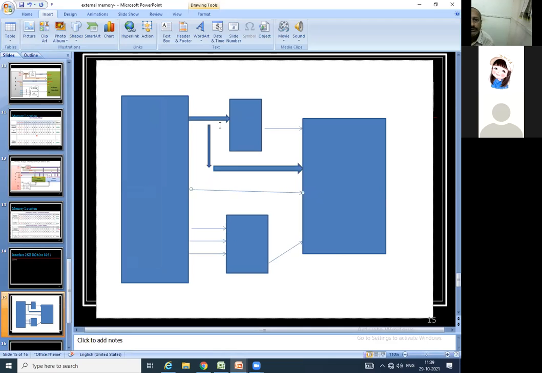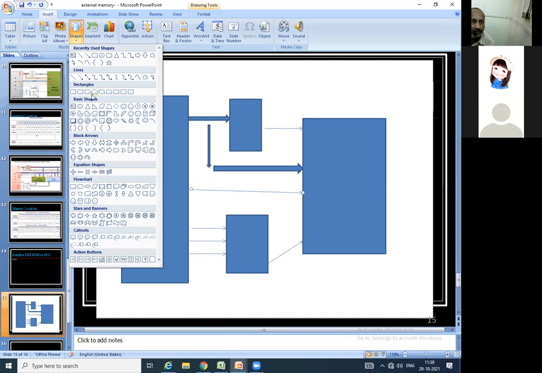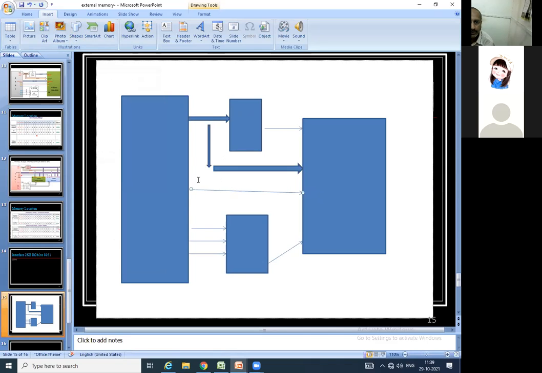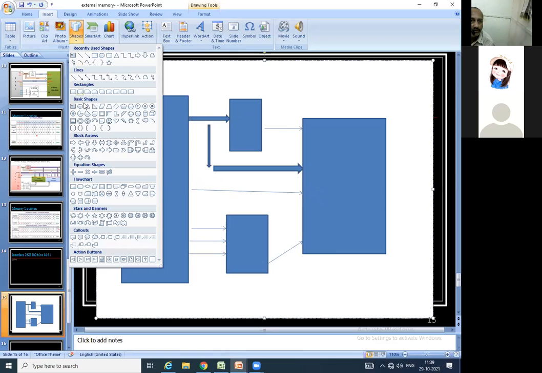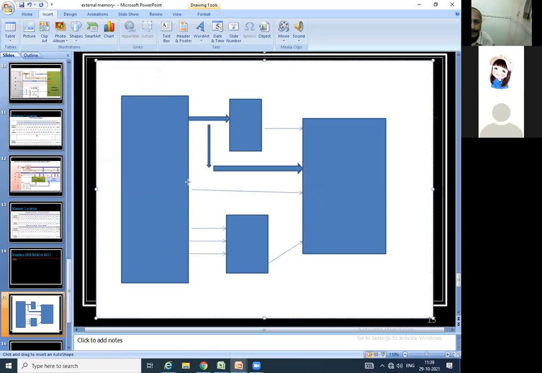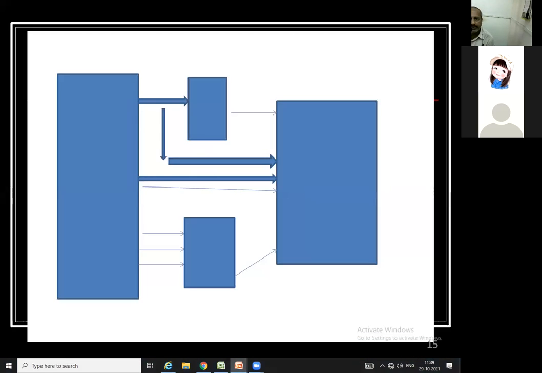This is AD0 to AD7, and one more is required for the remaining address lines. In this way the block diagram will be present.